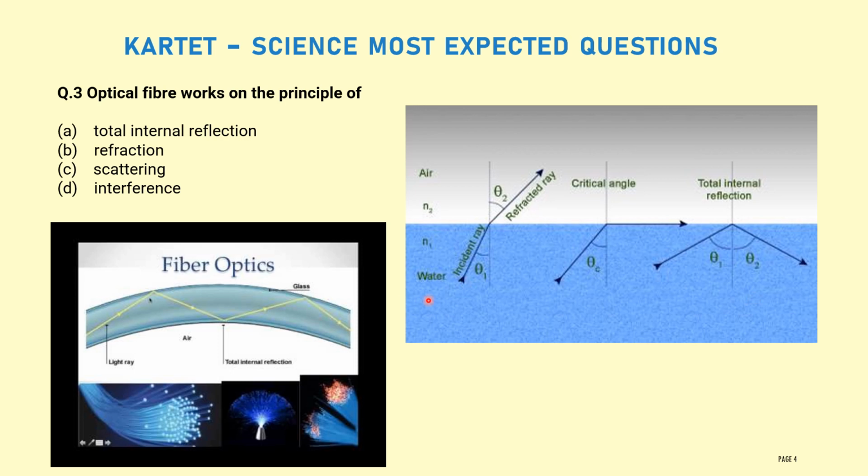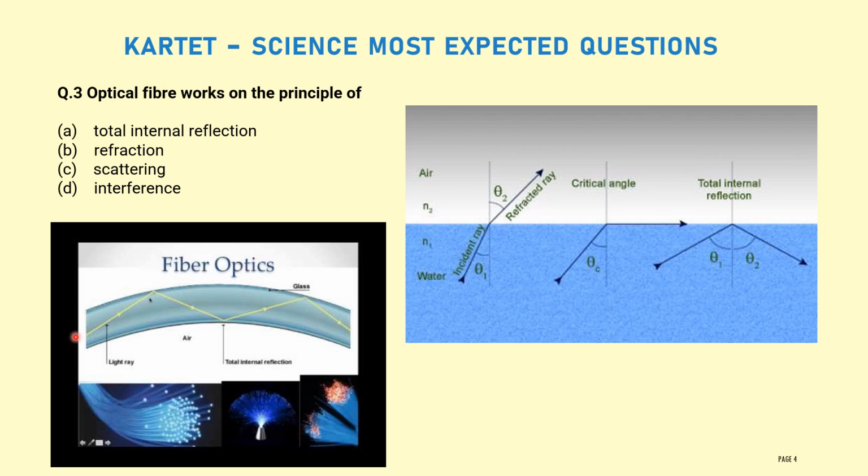The same process happens in an optic fiber. Here you can observe two types of medium, one is air, another is glass. Inside is a hollow tube.